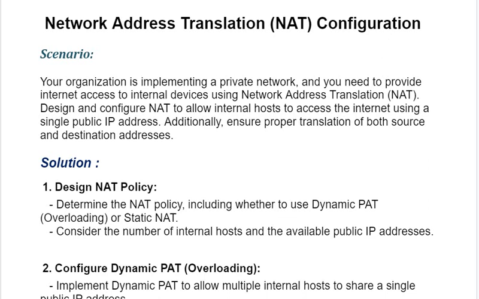Design and configure NAT to allow internal hosts to access the internet using a single public IP address. Additionally, ensure proper translation of both source and destination addresses. Being a CCNA network administrator, what solution you will apply?